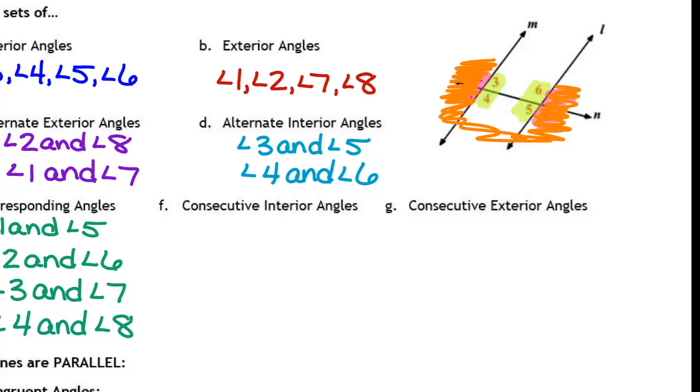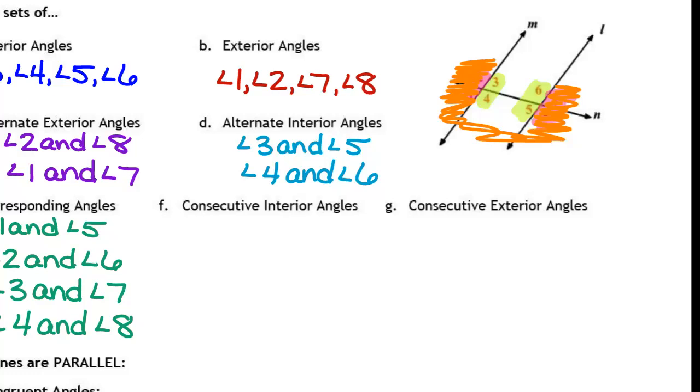Yep, I want a pair of consecutive interior angles. Angle 3 and angle 4 both touch line M. I need them to touch the 2 parallel lines. Those are a linear pair, so they do have a special relationship, but they're not consecutive interior. I need one to touch one of my parallel lines and the other one to touch the other parallel line.